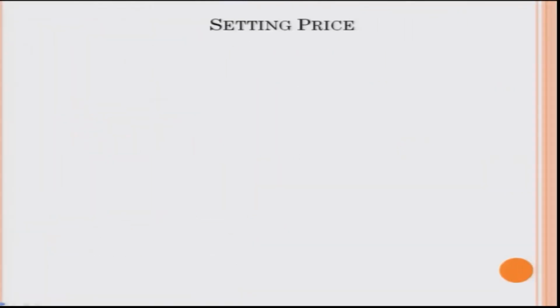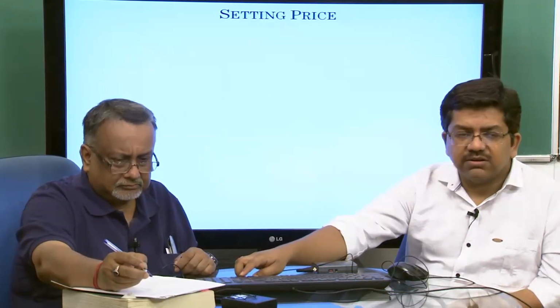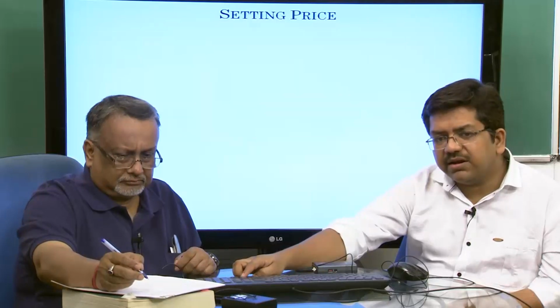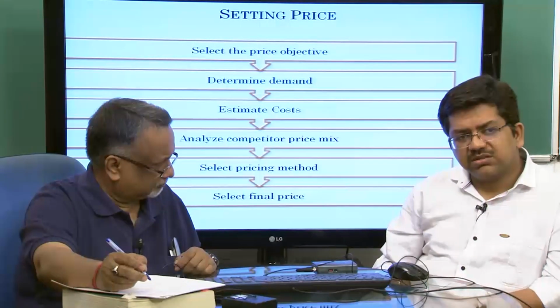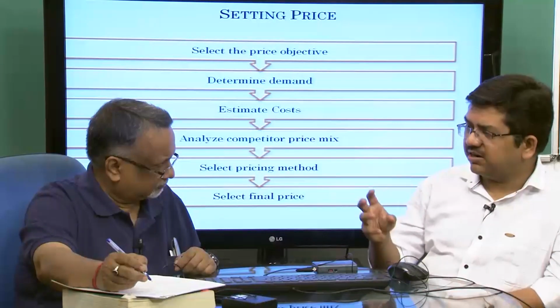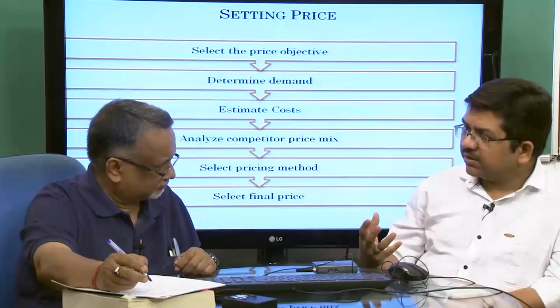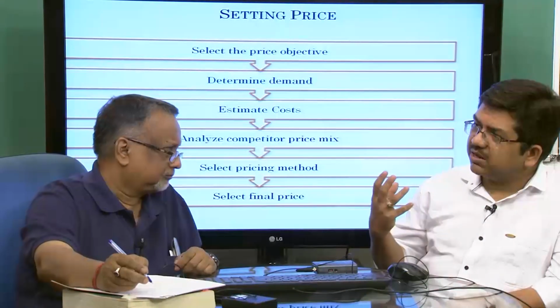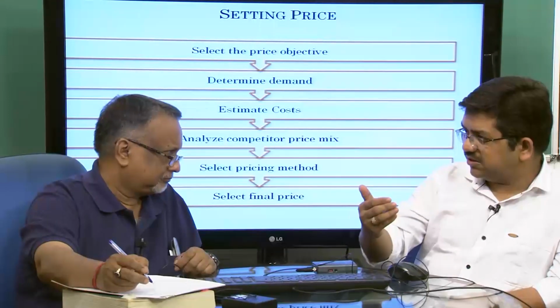Then we talked about the next thing, the second P in the marketing mix, which was price. How do you create a price for a product when you are introducing it first in the market? It was a 6 step process. We have seen this 6 step process in a very detailed manner, where we looked into the objectives of pricing, and how these pricing objectives are related to the positioning of the product.